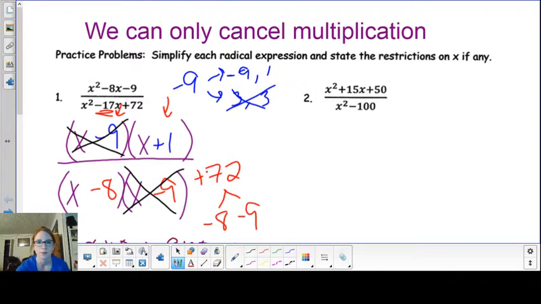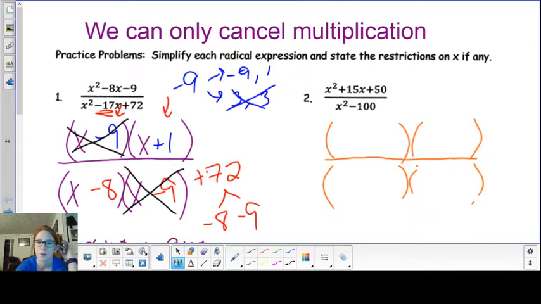So again, we're going to go ahead and start by factoring. I've got x squareds on top and bottom, so I have 2 parentheses. What multiplies to x squared? X times x. Now what multiplies to 50 and adds to 15?